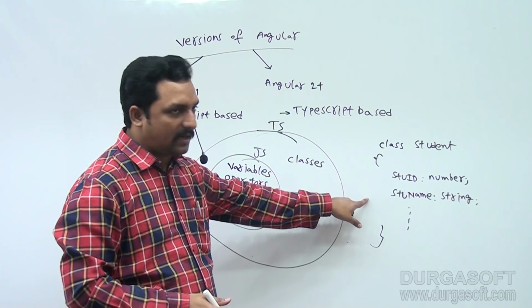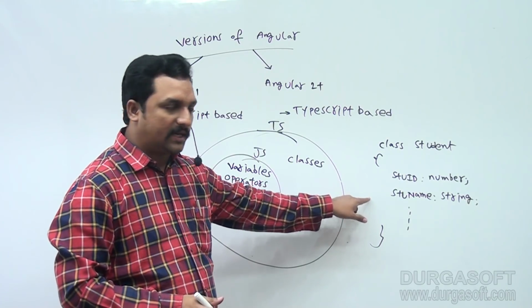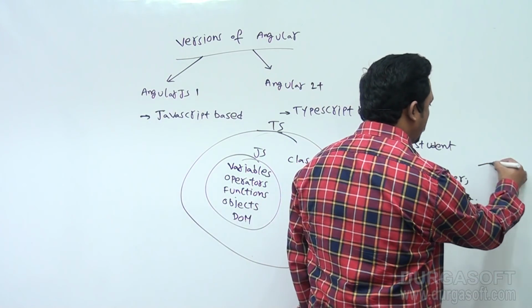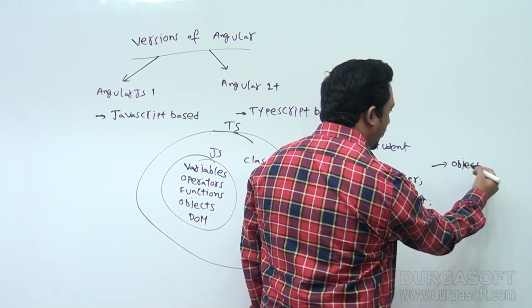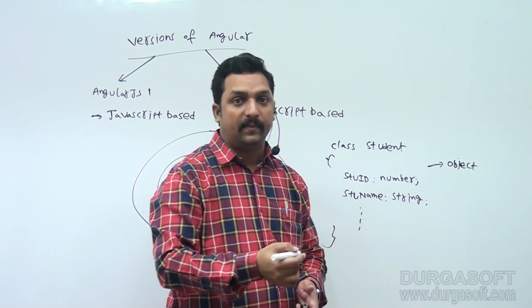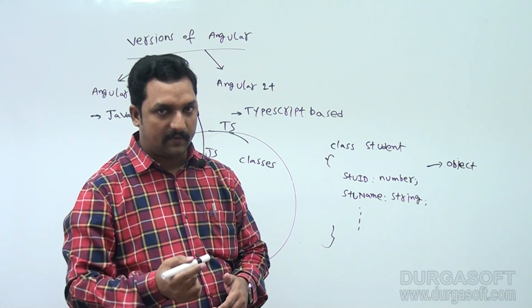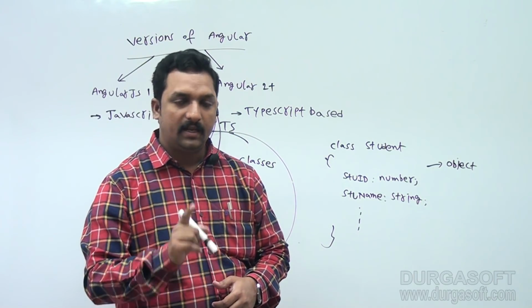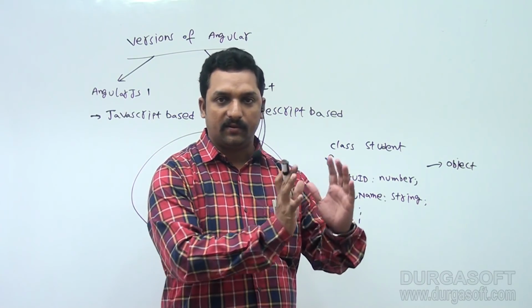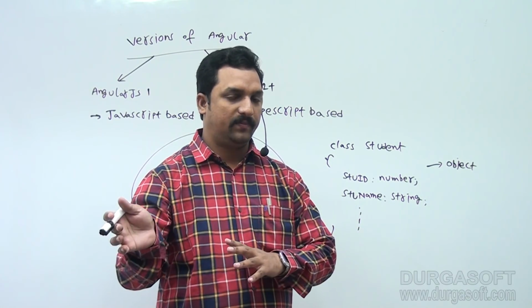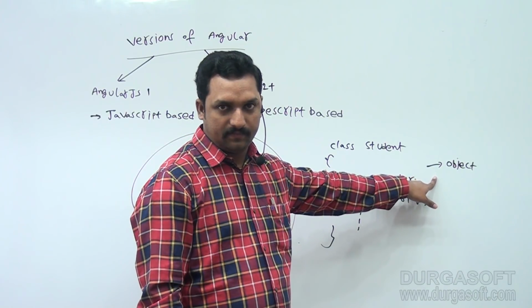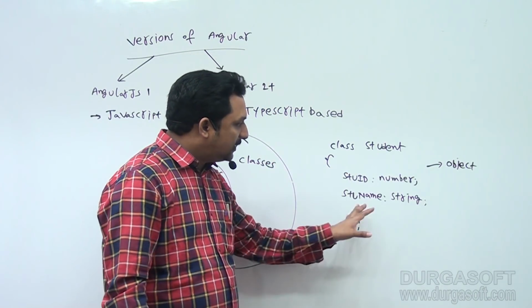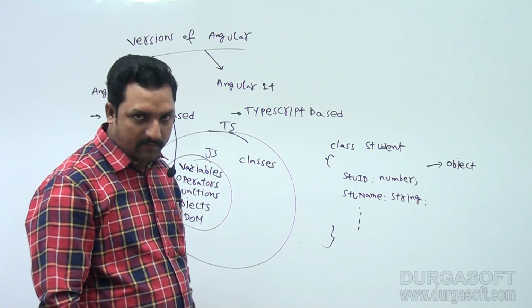Based on the class, we have to create an object, and that object will participate in the data bindings. What is the main point of Angular? Data bindings. Data binding means the relation between the user interface and an object, and that object is created based on this class. In that way, the class concept is required for the Angular framework.